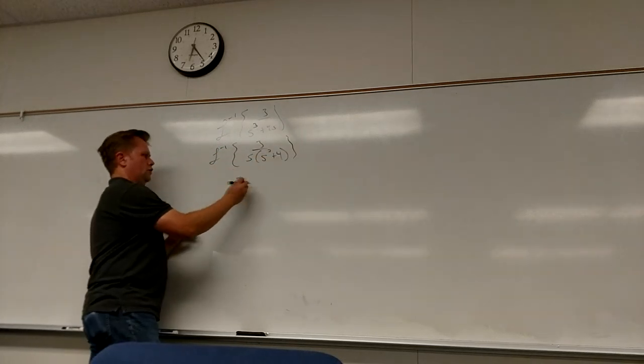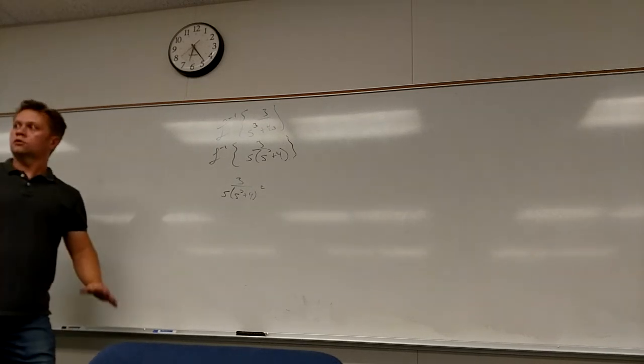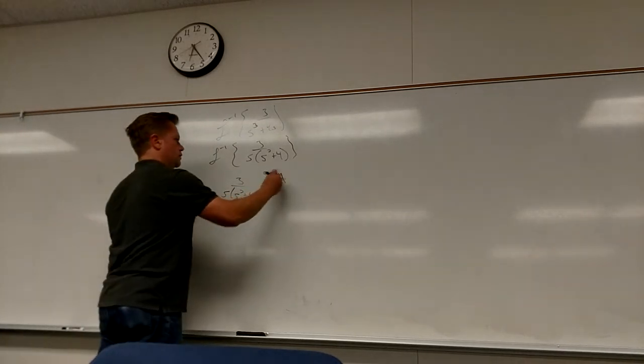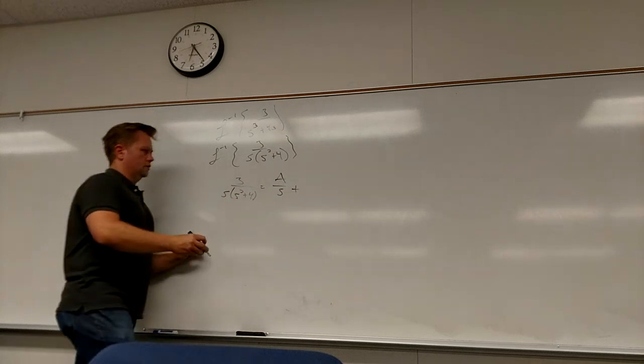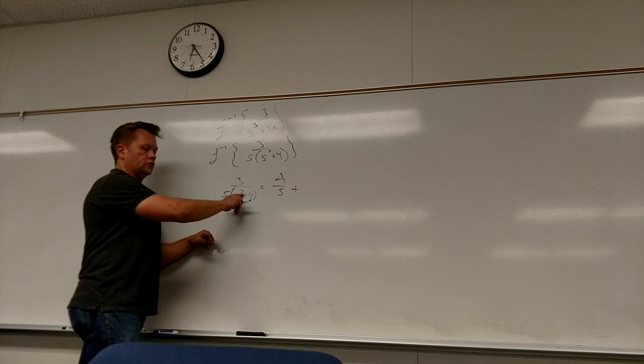So you get 3 over s squared plus 4 equals a over s plus 1 over s plus 2. Careful, it's ds plus e, so it's truly quadratic.